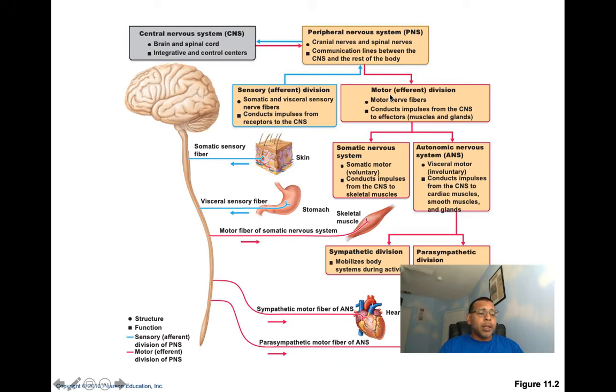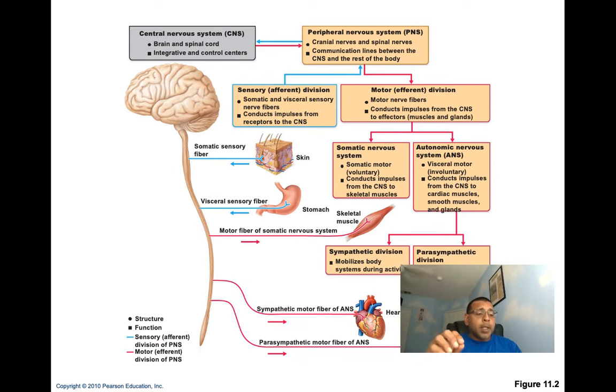So when we talk about the sensory or the afferent division, here we'll see the nerve is made up of nerve fibers, and these nerve fibers are responsible for conveying impulses to the central nervous system from the sensory receptors located throughout the body. Now, this division is made up of two fiber types.